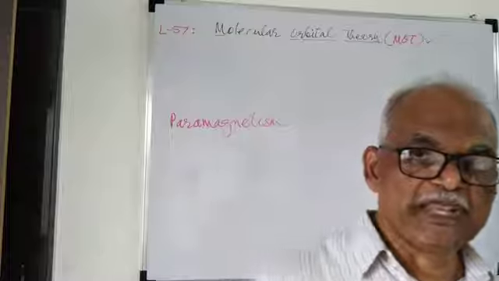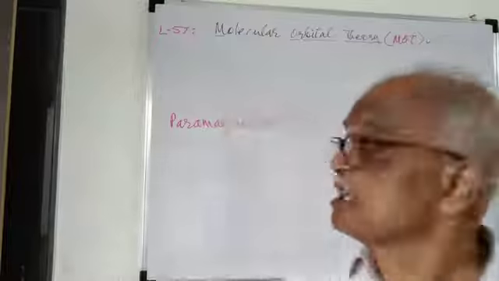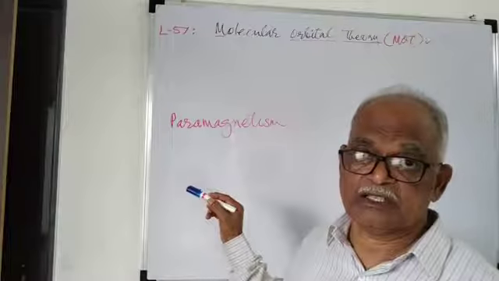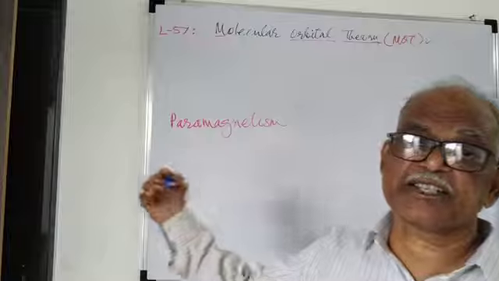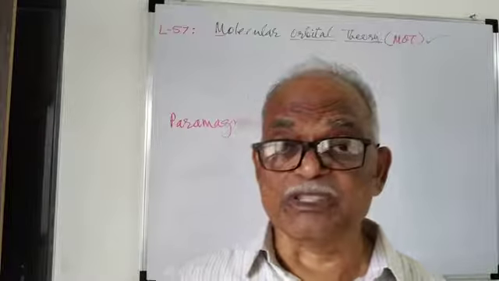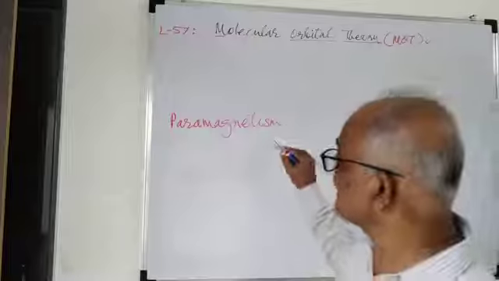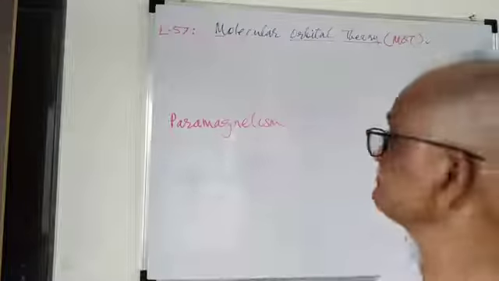This behavior appears because of the presence of unpaired electrons in the substance, and because of these unpaired electrons, the substance is attracted towards the magnetic field or magnet. Therefore, the substance is called paramagnetic and the phenomenon is called paramagnetism.